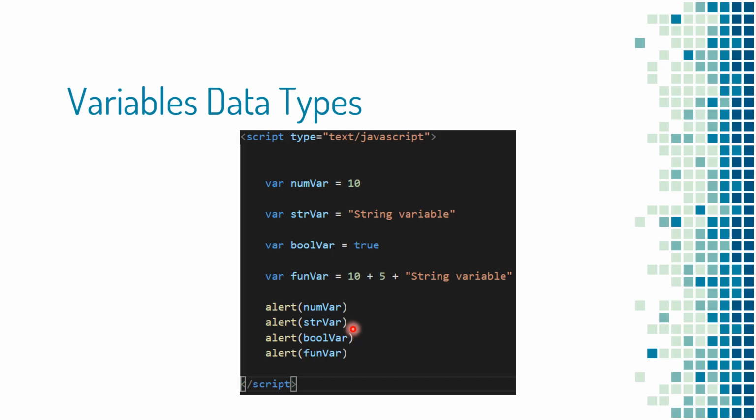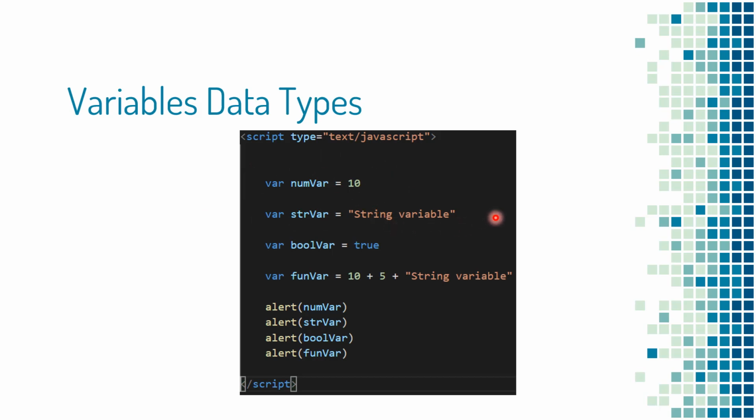So for this one here, let's see what's the output. When we initialize the var numVar here, and we assign number 10, then the type here is just gonna be number. And by the way, when we say number, that means all kinds of numbers: float numbers, double numbers, integer numbers, all of this is denoted as a number in JavaScript.